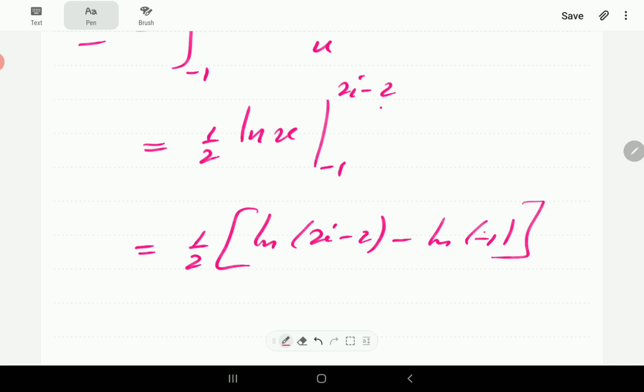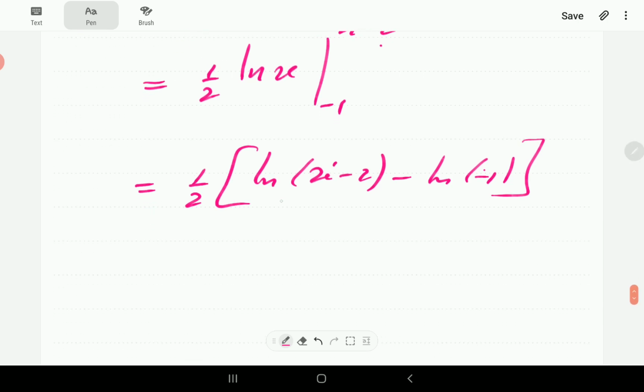Now we know that ln is a multivalued function, so the one thing that is worth noting here is that when we work out the values of integrals, typically we work with the principal values of these functions if they're multivalued. So like ln(2i minus 2), the magnitude or modulus of 2i minus 2 is root 2.